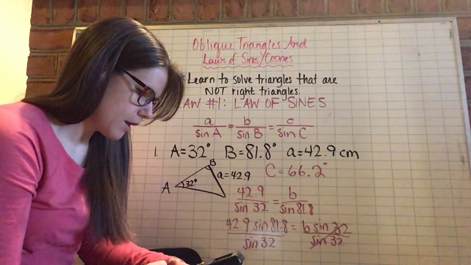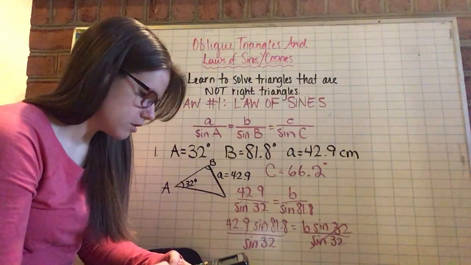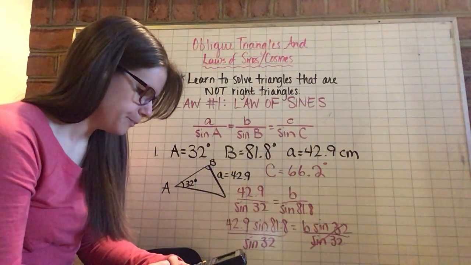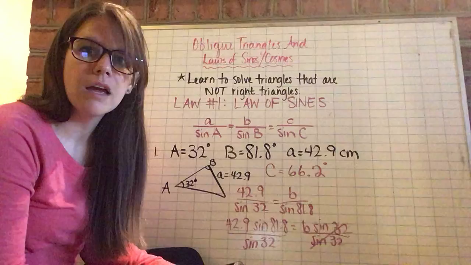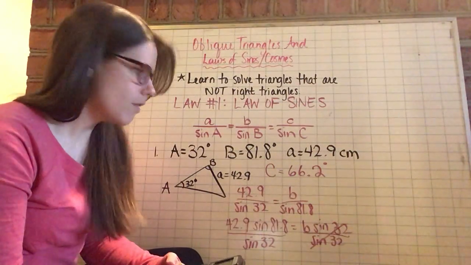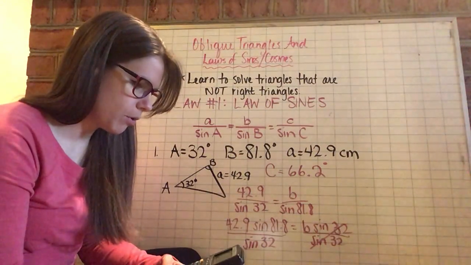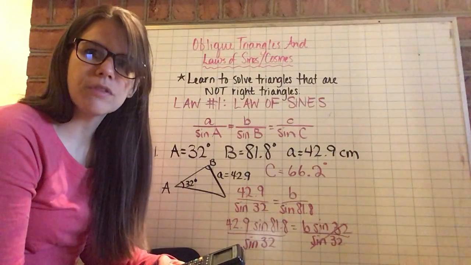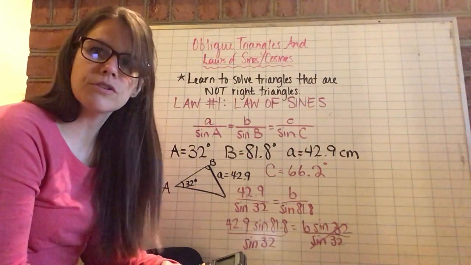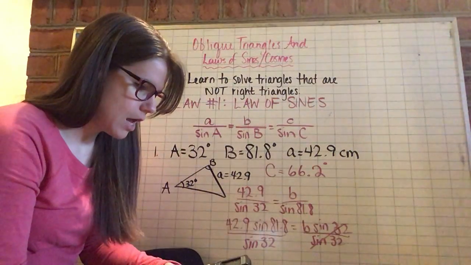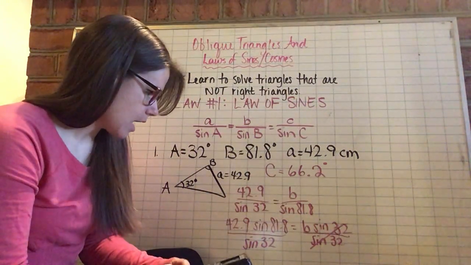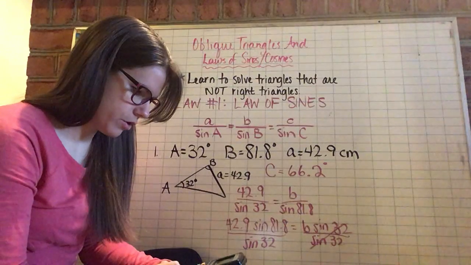So I would type parentheses 42.9 sine. Notice when you open up a sine, it opens up another set of parentheses. So after we put in 81.8, I'm going to close those parentheses, and then close the first set of parentheses. So I have two parentheses right then and there, divided by sine 32.